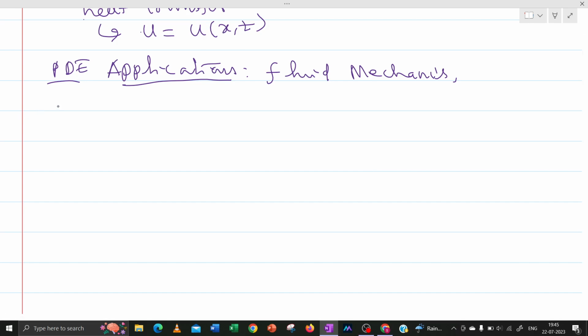All these types of problems are based on the partial differential equation, and then elasticity, for example simple harmonic motion, electromagnetic theory, and quantum mechanics.